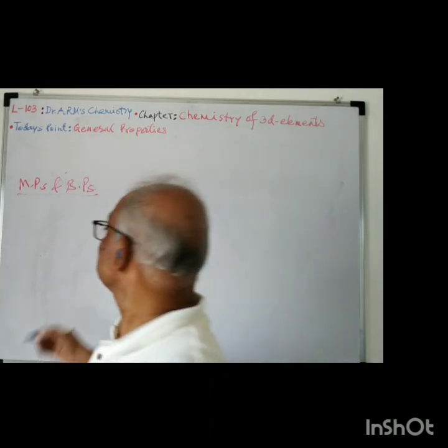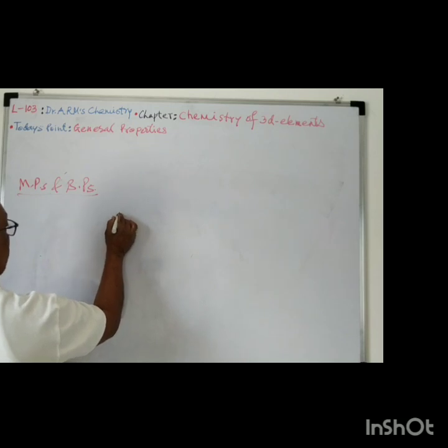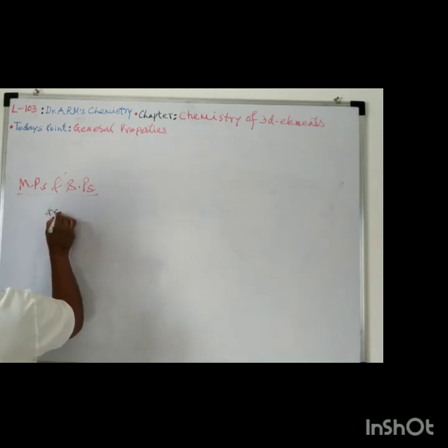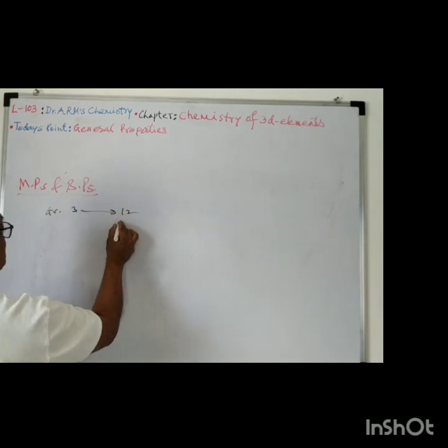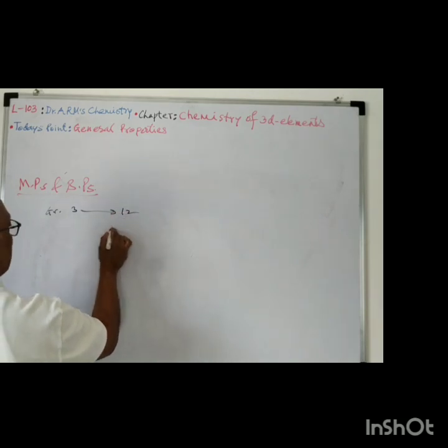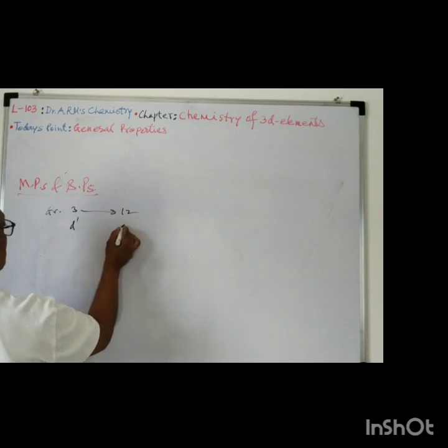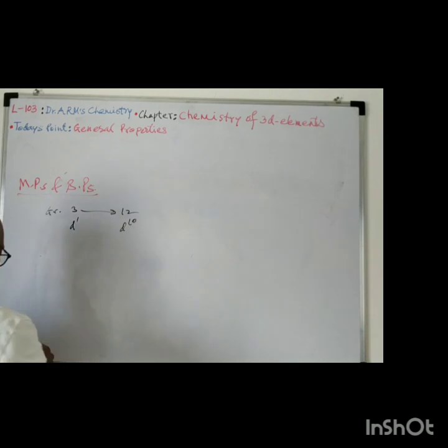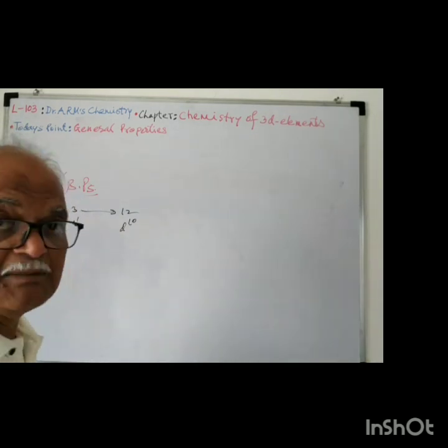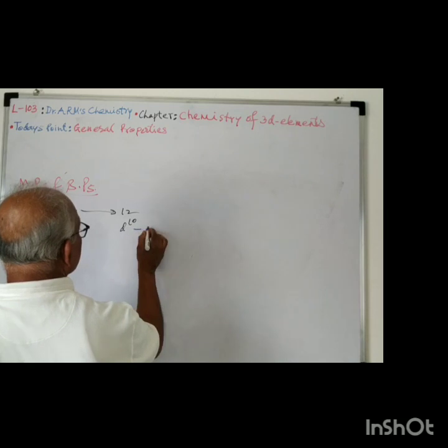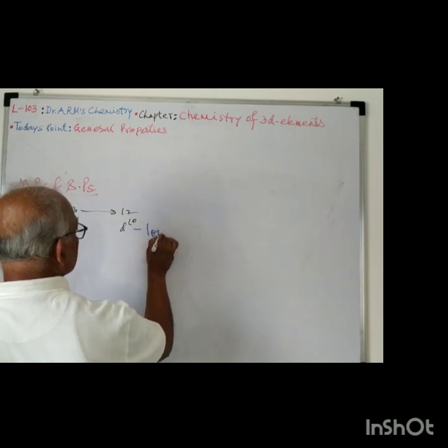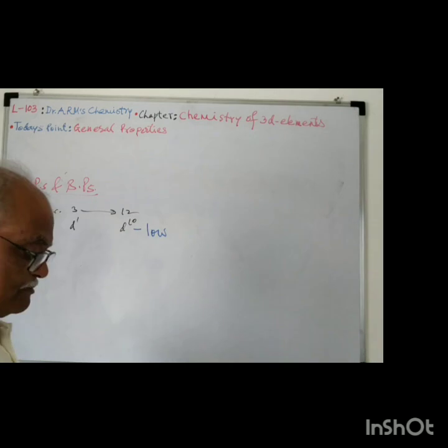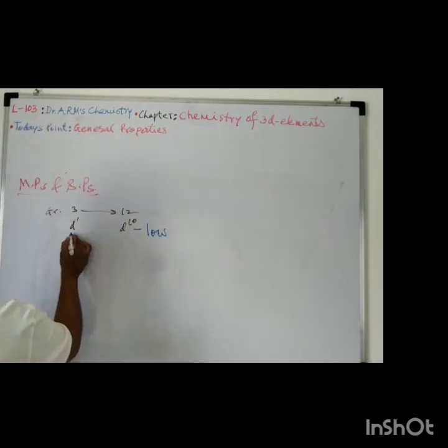If we say group 3 to 12, the elements have here D1 configuration, and here you will find the D10 configuration. So here the electronic shells are completed, and therefore their melting points and boiling points are low. But here you will find that these elements have high melting and boiling points.